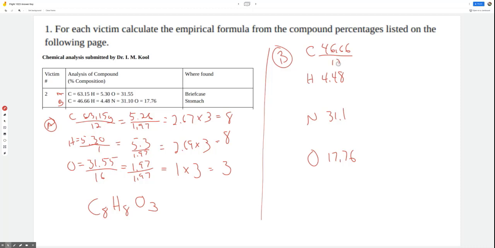All right, plug in those molar masses. We have 1.11, 2.22, 4.48, and 3.88. The smallest number out of all these is 1.11.